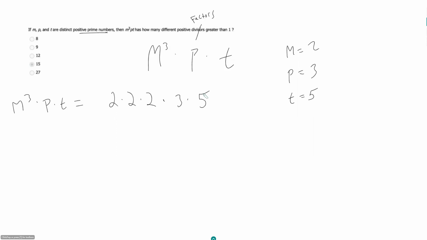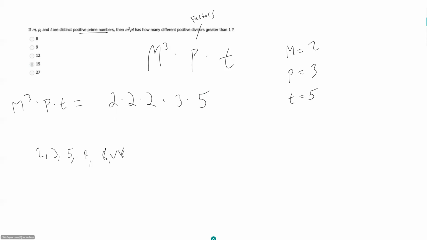You can either just count them all out, so 2, 3, 5, and then start making combinations of these, 4, 8, 6, and then you can do this until you have them all.